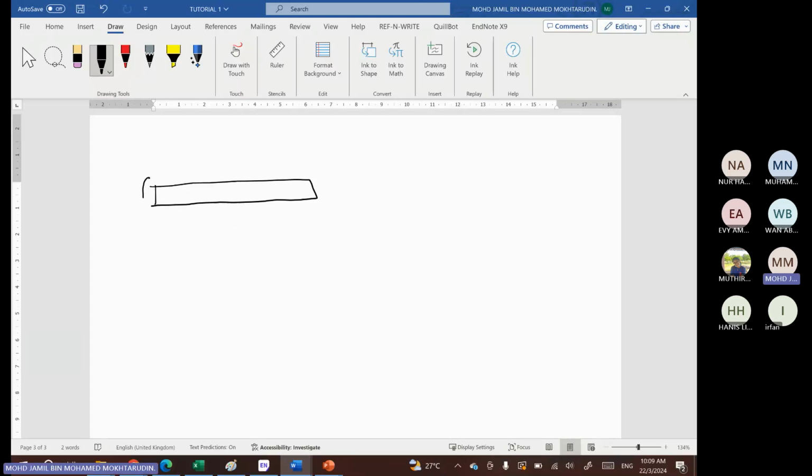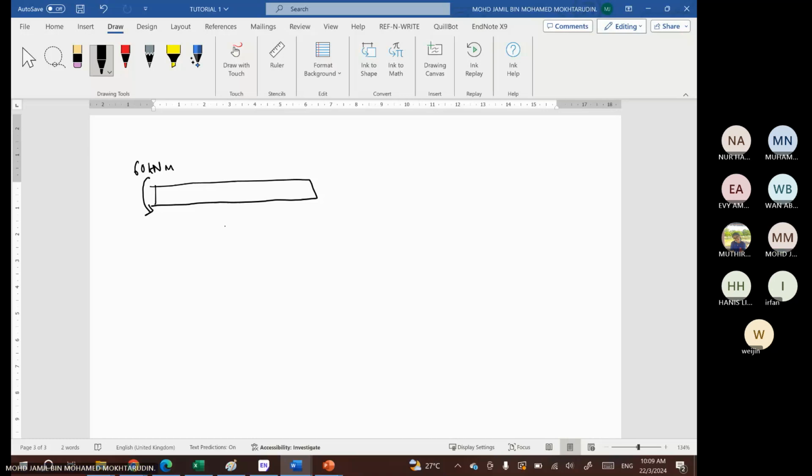So here we have 60 kilonewton meter at one end of the beam, and then we have 10 kilonewton at the other end. And then we have point A here. At point A, we can split the reaction force into x direction and y direction. So we have AY and also AX.